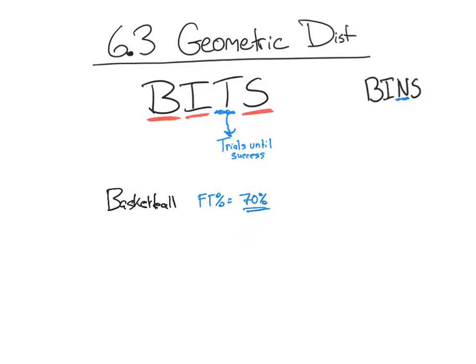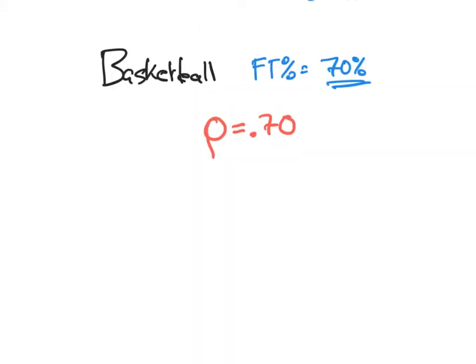Here's what we need to know: the probability of success is 0.70. I'm not going to fix the number of trials. The question would probably be something like, what is the probability that we see the first success on the 8th free throw attempt? Or on the 3rd free throw attempt? Something like that. So let's start real basic.